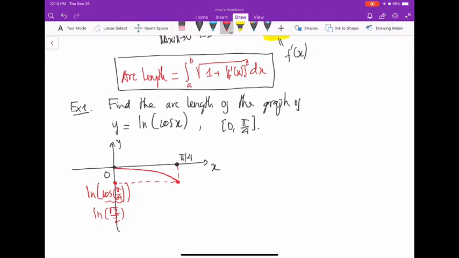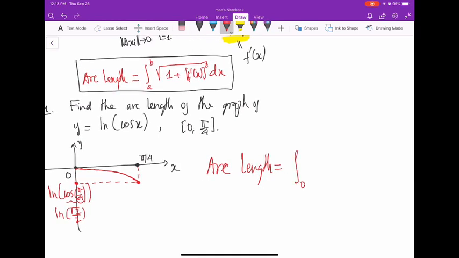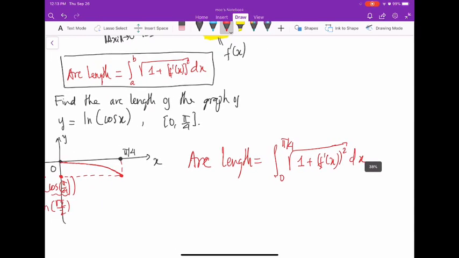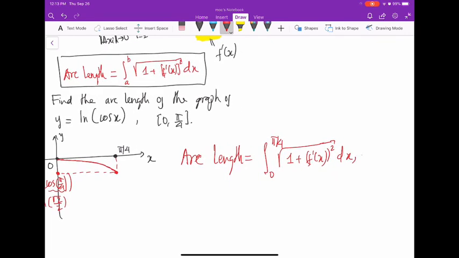So by the formula, the arc length is equal to the integral from 0 to pi over 4 of square root of 1 plus f derivative of x squared dx. So in this problem we need to find the derivative, right? So let's do that. Where f derivative of x is equal to the derivative of ln of cosine of x.